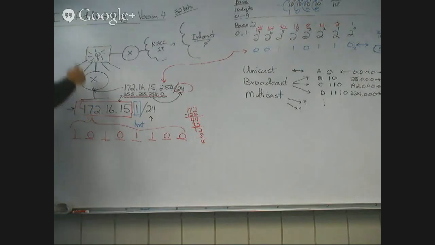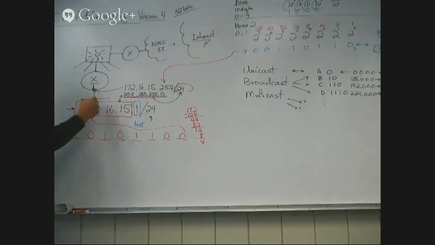Then the workstation responded. How did this router know where to send it? The IP address, right? And then what did it put on it when it left here? The MAC address, right?